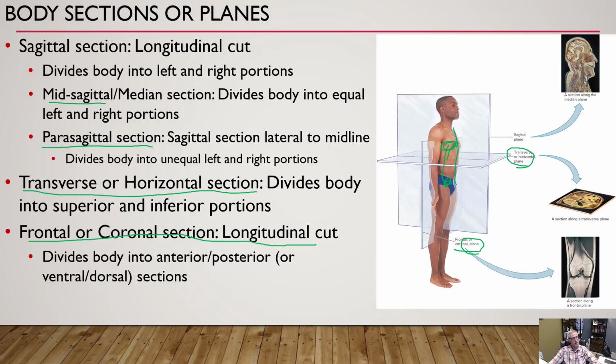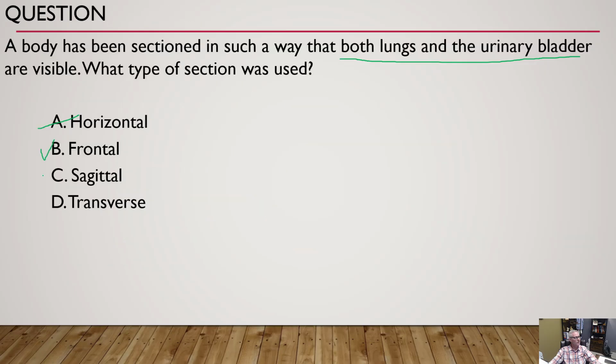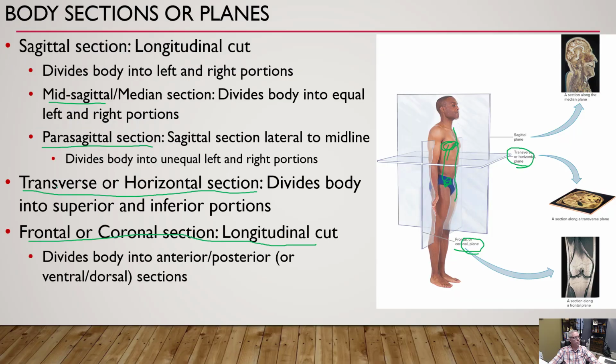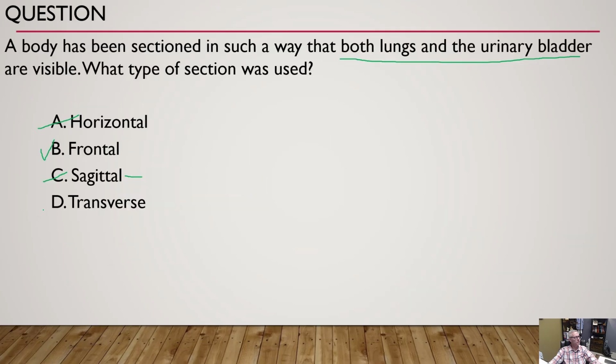I might be able to, depending on where I cut the body, so we're going to get rid of that, because depending on where I cut it, I might be able to, but a frontal section is a better option. Transverse is the same thing as horizontal, and we've already gotten rid of horizontal. So our answer is going to be B.